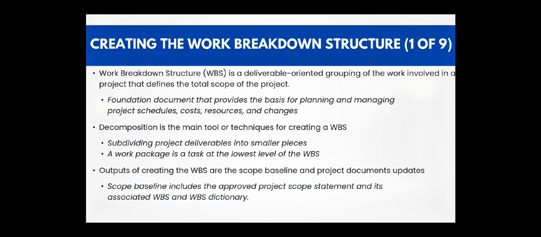Because most projects involve many people and many different deliverables, it is important to organize and divide the work into logical parts based on how the work will be performed.